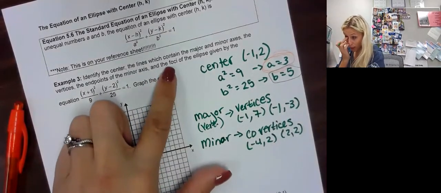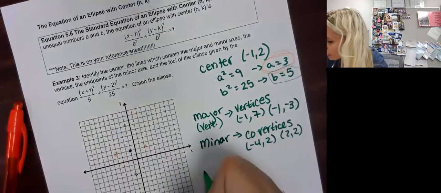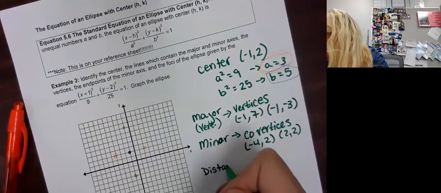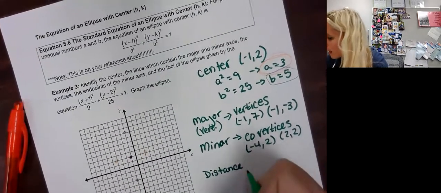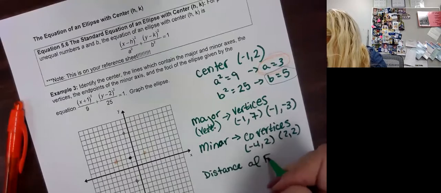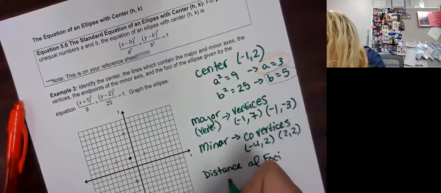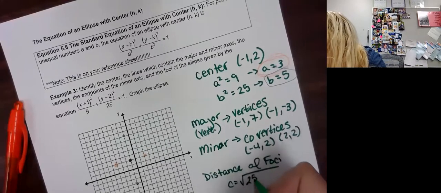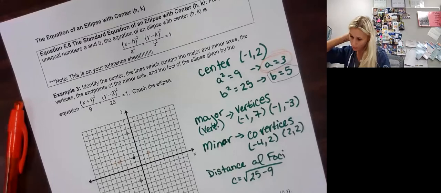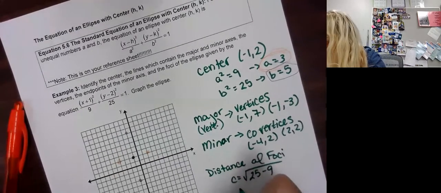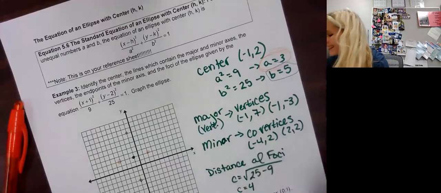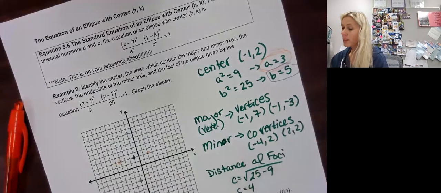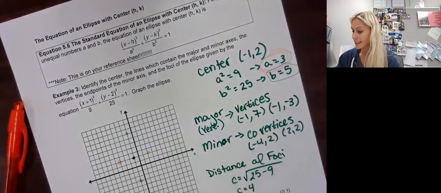Now let's do the foci. Remember the foci, first we have to find the distance. I'm labeling it so you don't forget, this is not the foci itself, it's the distance of the foci. So c equals the square root of the larger one minus the smaller, so 25 minus 9. 25 minus 9 is 16. Square root of 16 is 4. So remember, the distance is 4. Let me get my blue marker, and I'm going to go 4 on the major axis. This is where people mess up.